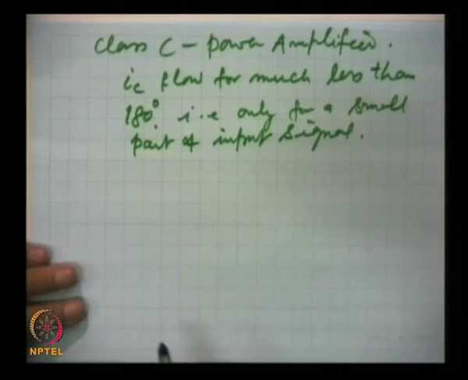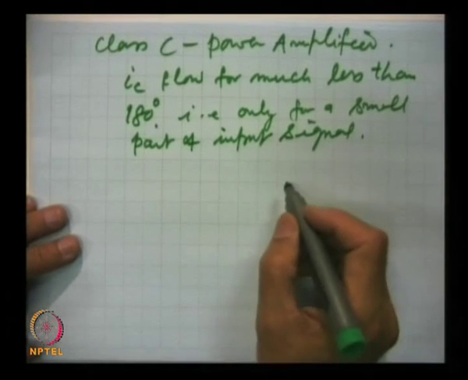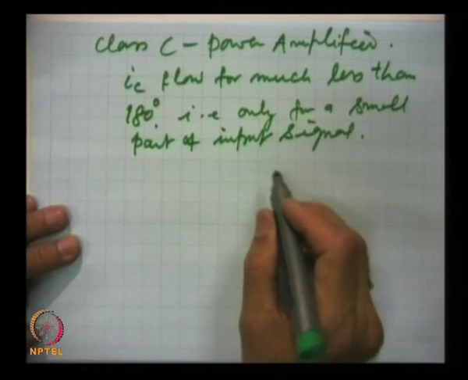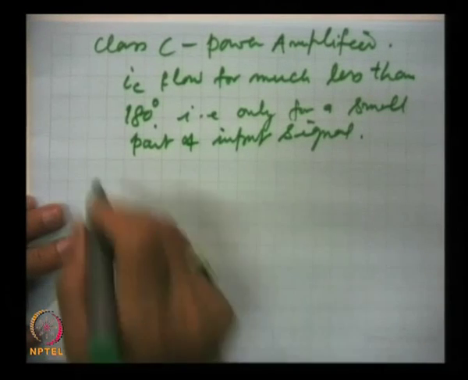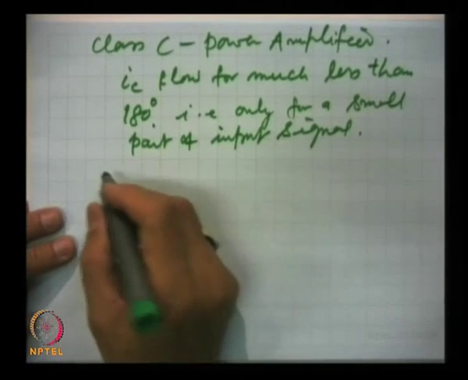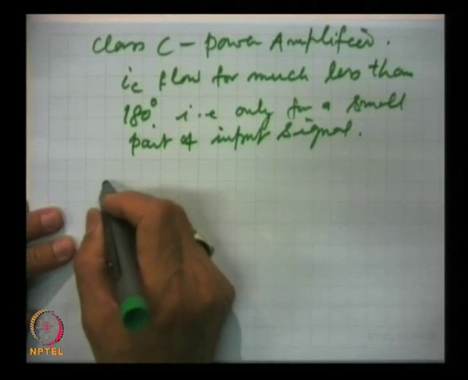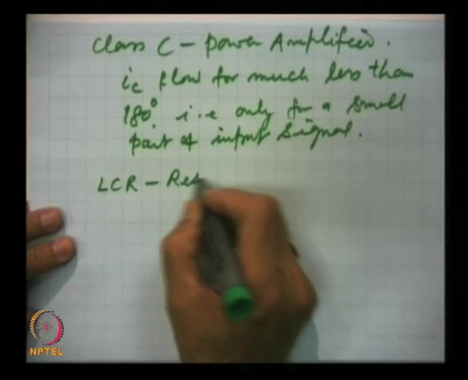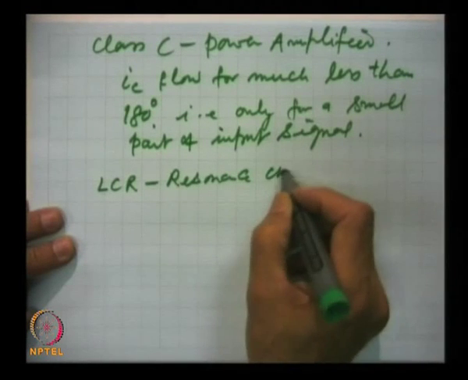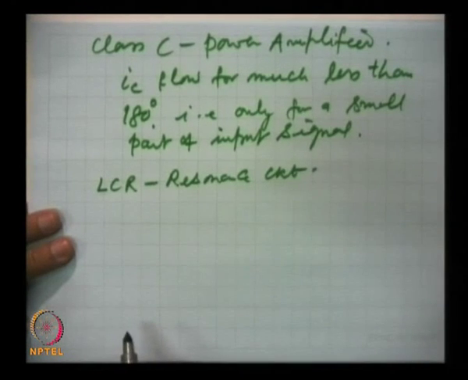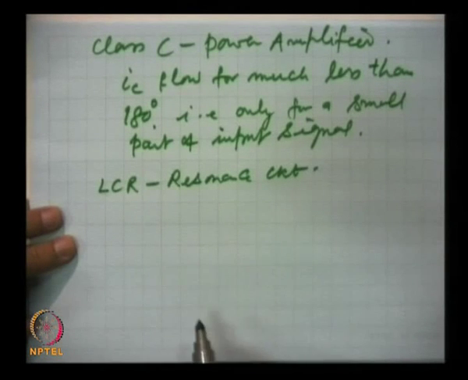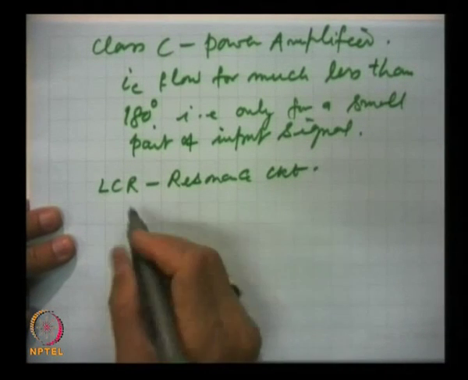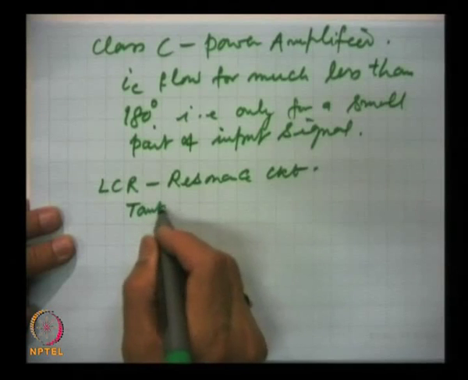Now, the most commonly used class C amplifier makes use of an LCR resonant circuit, and when it is used the way we are with the collector, it is called a tank circuit.